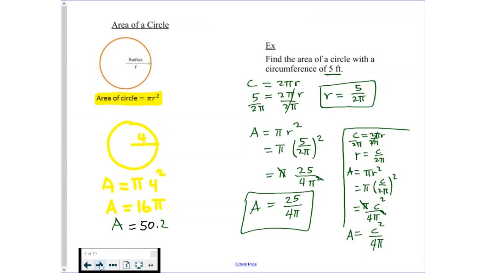So if I have another example, example 2, find the area if C is 16. If I say C is 4, I mean, let's say C squared, sorry. So now if I say find the area if C is 4 feet, how much do you think the area is?